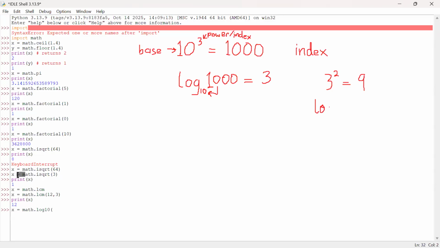Just look at the position now. The 9 is on the same side with 1000. The 3 is on the same side with 10. The 2 is on the same side with 3. It's a simple concept.